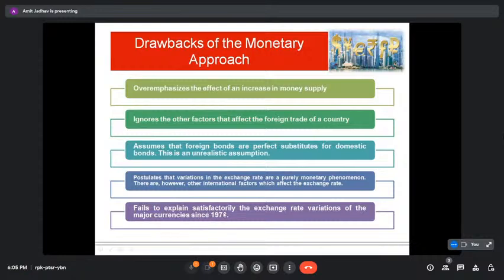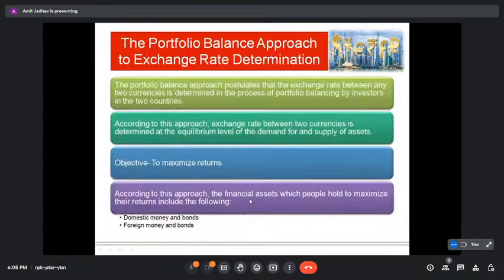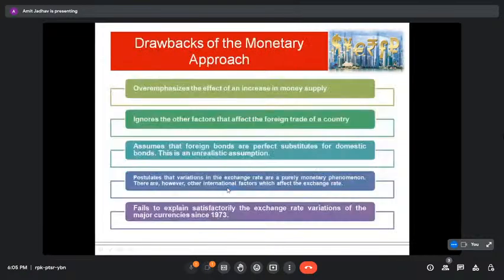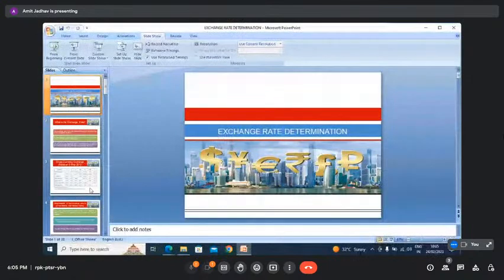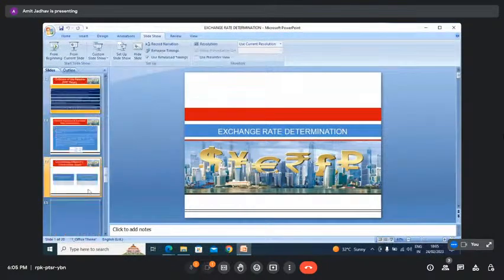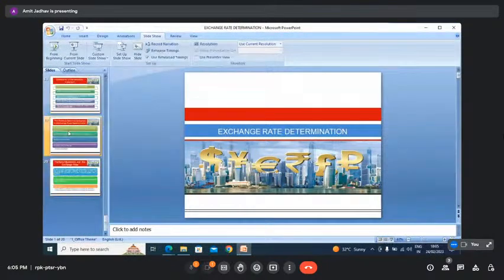It fails to satisfactorily explain exchange rate variation in major countries in 1973. So that much we have done on the exchange rate.